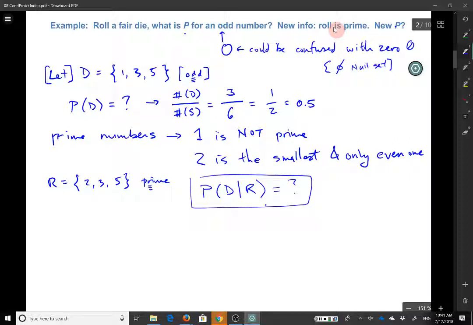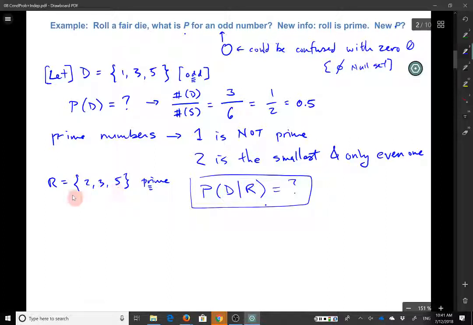Sometimes there are so many things that you can calculate. You have to make sure, what am I really looking for? So we want this one. This is the total probability, the full, unconditioned probability. And now there's new information, given this vertical bar, given that it's prime.